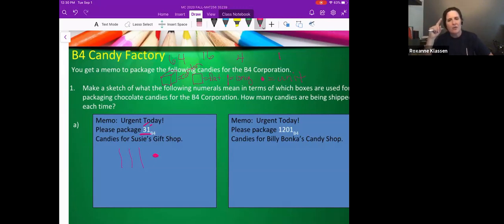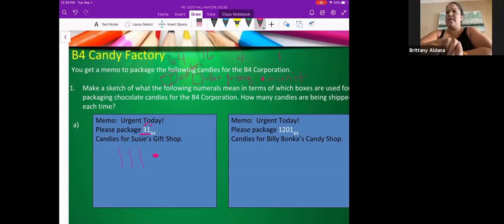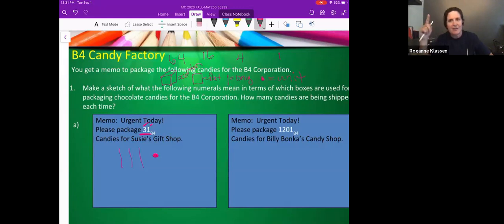Can you figure out how many candies is 3 lines and a dot? It's not 31. I'll give you a hint. It's not 31. How many candies are in 3 lines and a dot? 13. So can you explain how you got 13? Can you explain the mathematics to us?